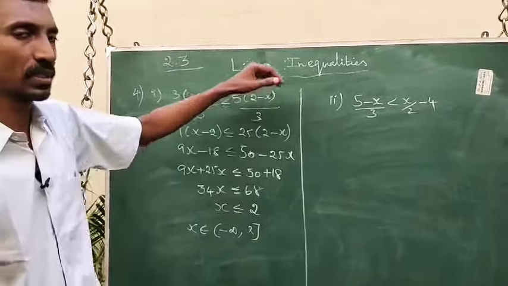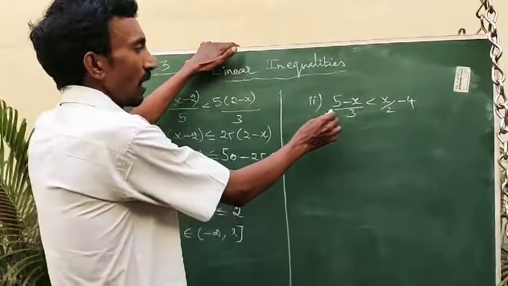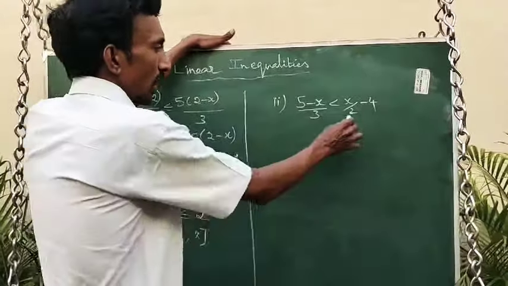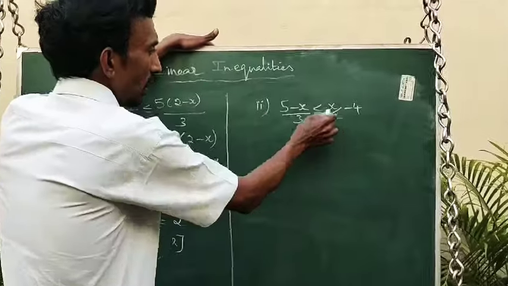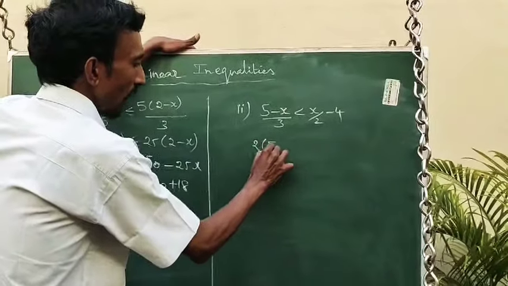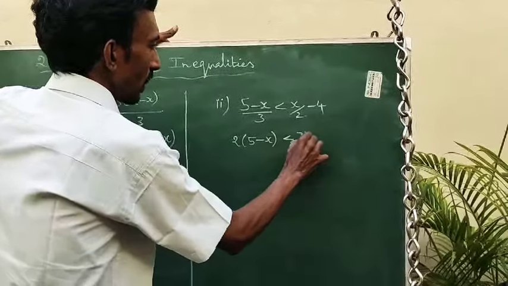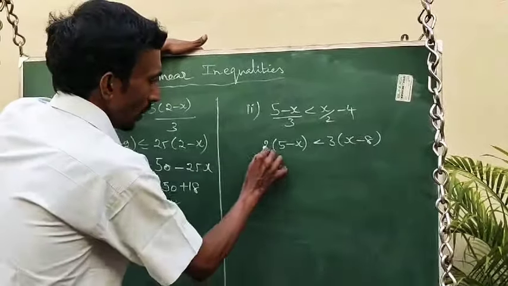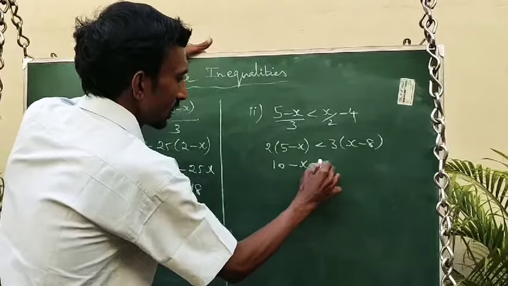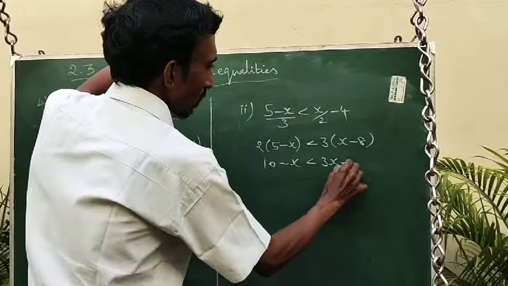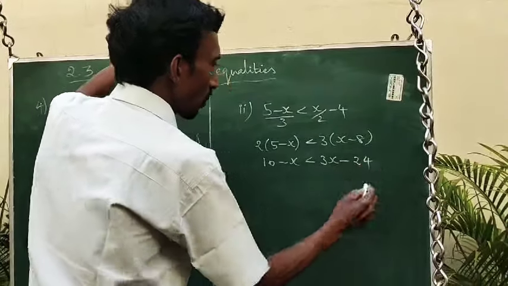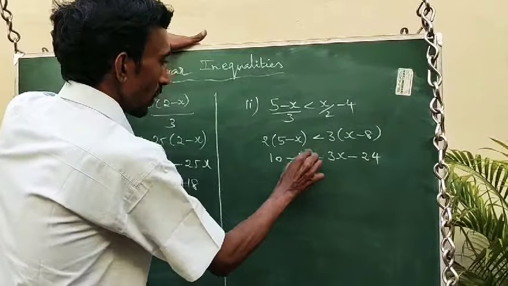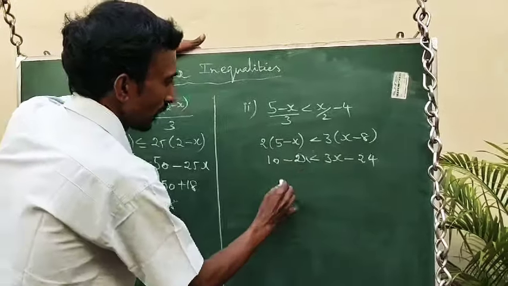The second subdivision: 5 minus x by 3 less than x by 2 minus 4. Take the LCM and cross multiply. Okay, so 2 into 5 minus x less than 3 into x minus 8. So 10 minus 2x less than 3x minus 24. Change the side.